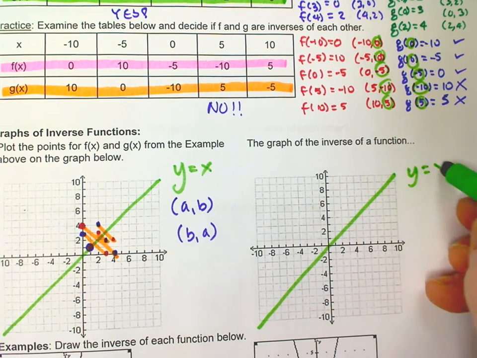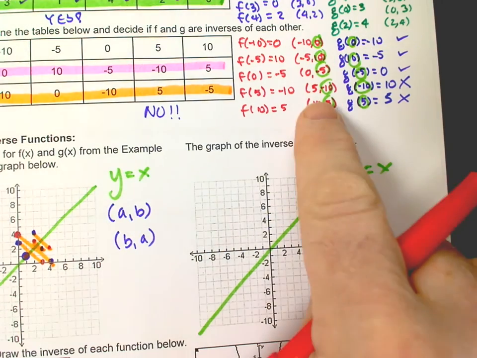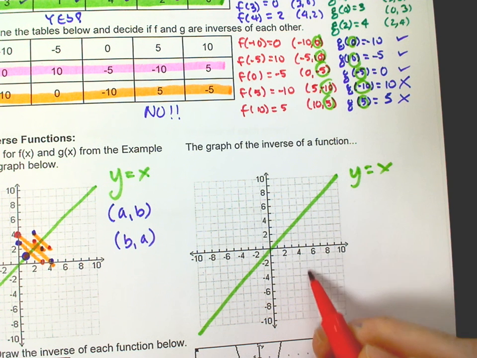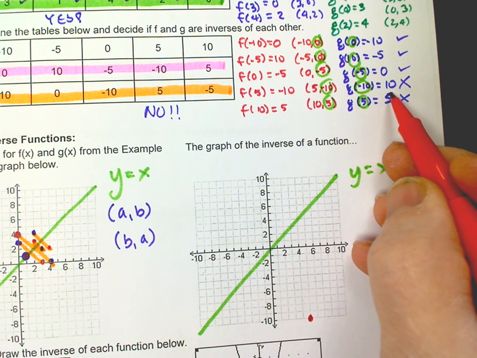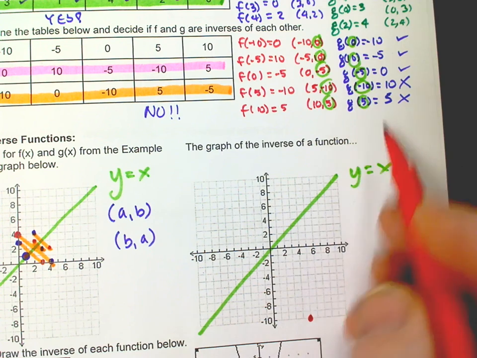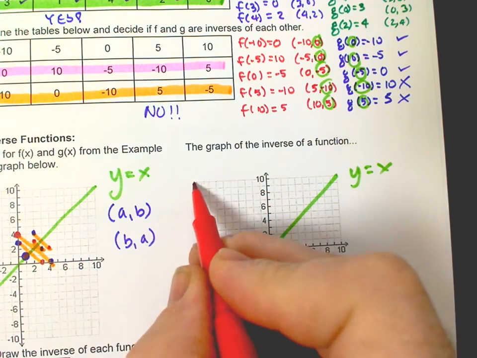They should all reflect around those, but you'll see we had this point here to the right 5 and down 10, and that is definitely not a reflection across the corresponding line, or what could have been the corresponding line, which was negative 10, positive 10.